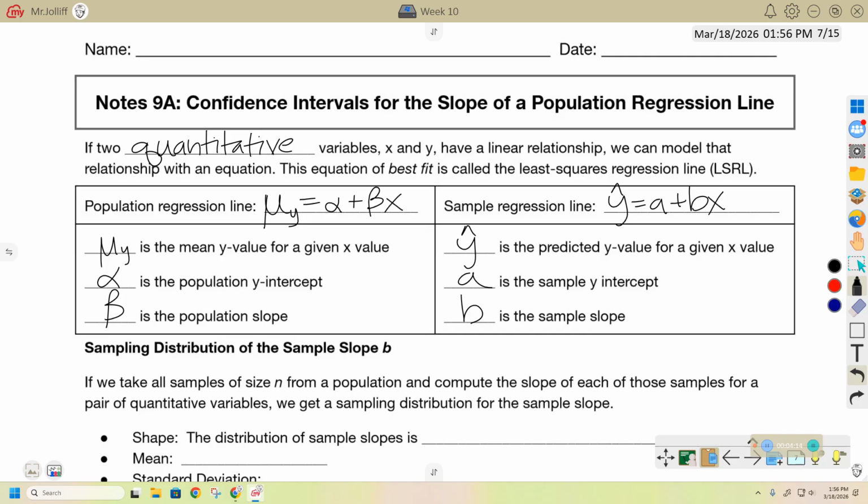So in unit 6, when we talked about proportions, the first thing we did was look at a sampling distribution of proportions, all possible sample proportions. We did the same thing in unit 7 for means, the distribution of all possible means. We're going to do the same thing here, but now for sample slopes, because we're interested in doing inference about the population slope, that relationship between x and y.